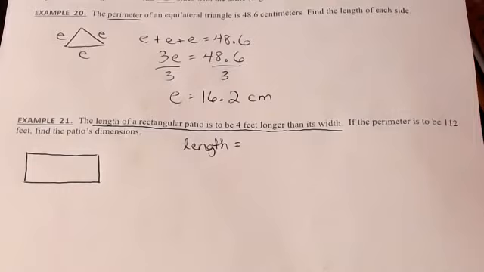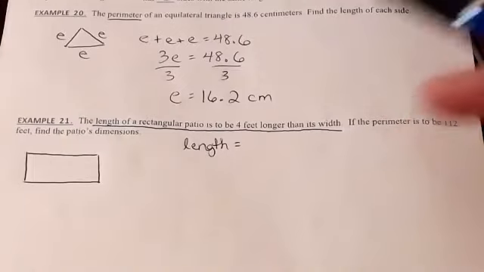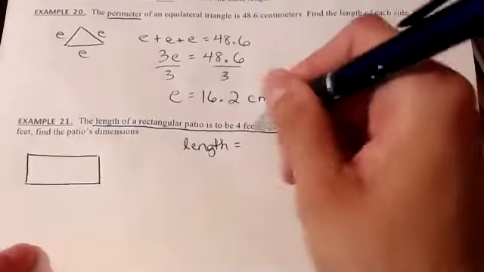Word for word interpretation, how would you break that down? 4 feet longer than the width. Give me the algebraic expression, and you're on mute. There you go. 4x plus w. You're so close. You don't need the x. 4 plus w.